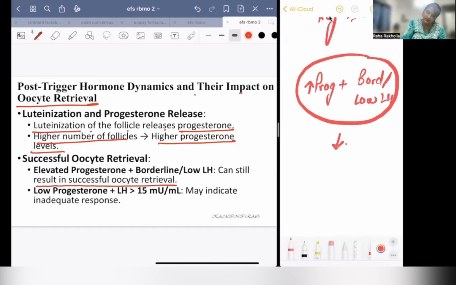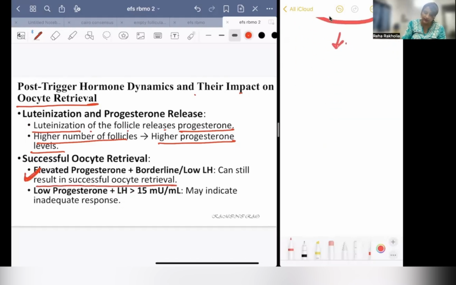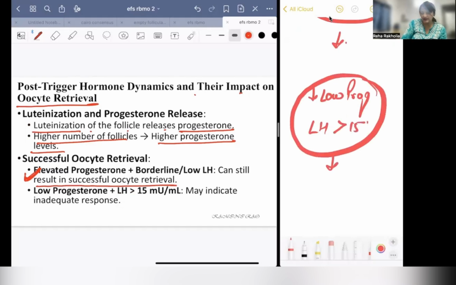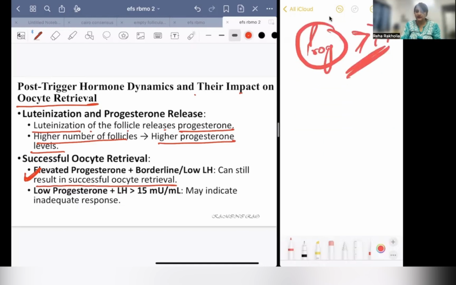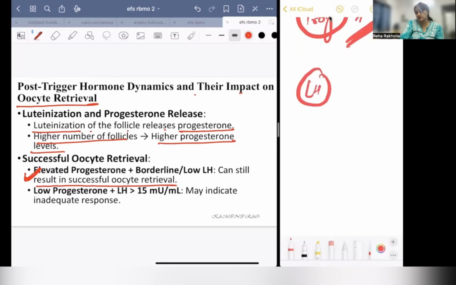But if there is low progesterone but LH is more, this may indicate inadequate response. Progesterone should be more. Even if LH is more but progesterone is less, it may indicate inadequate response.